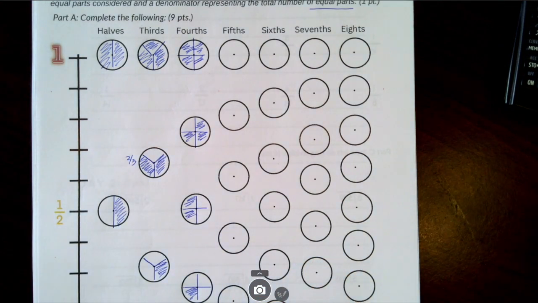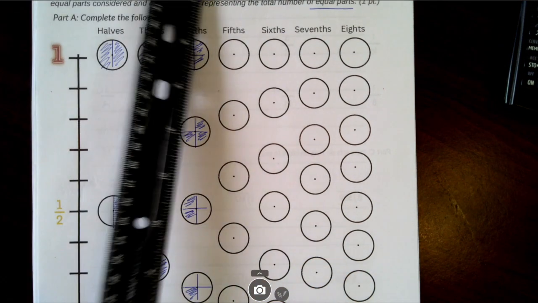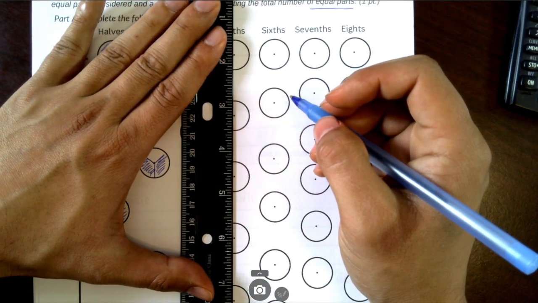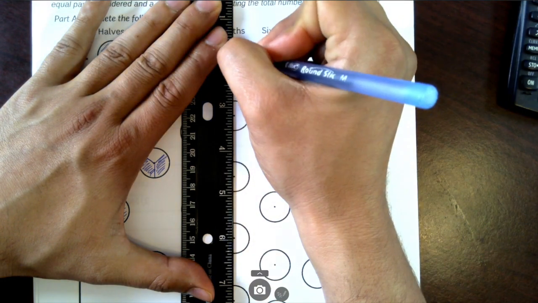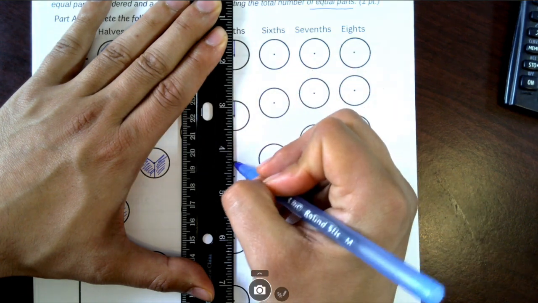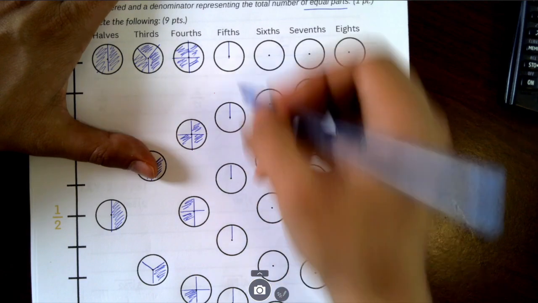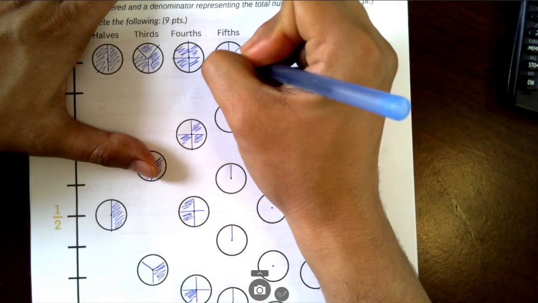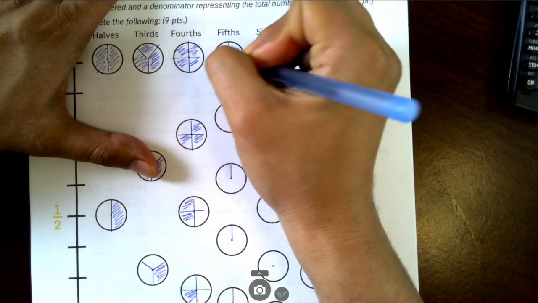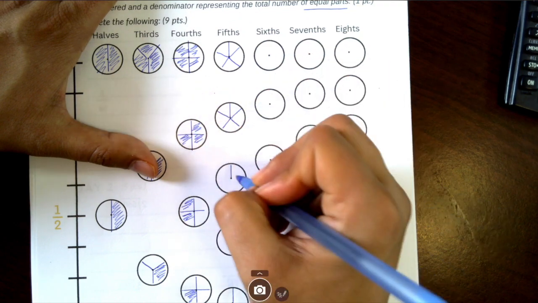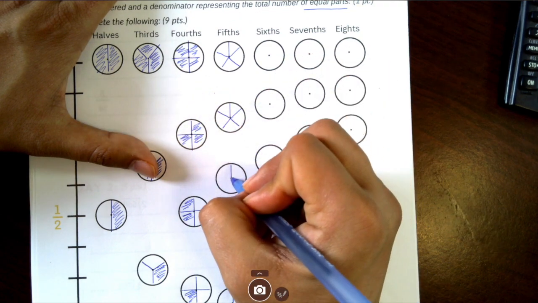So let's do fifths. Fifths, I like drawing a straight line on the top. Just the top. And we're going to try to do like a star. And I'm sorry that I'm going a little bit fast.